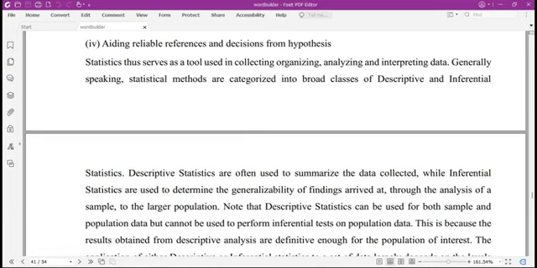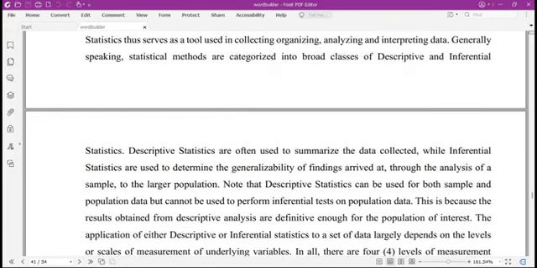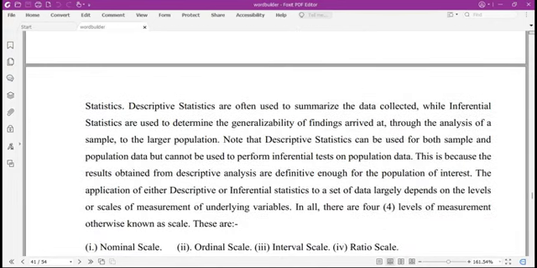Note that descriptive statistics can be used for both sample and population data, but cannot be used to perform inferential tests on population data. This is because the results obtained from descriptive analysis are definite enough for the population of interest.